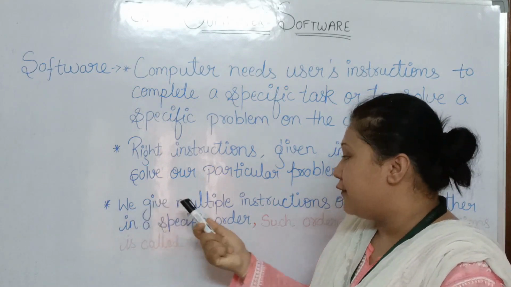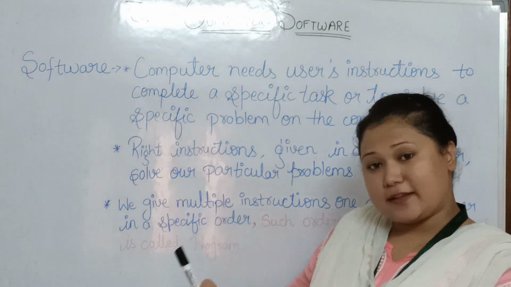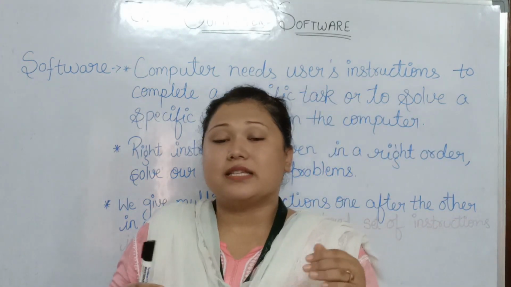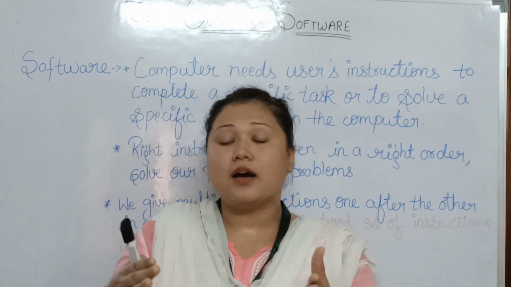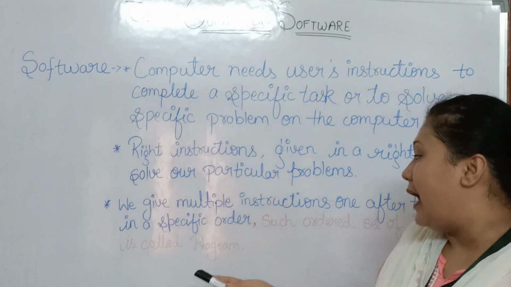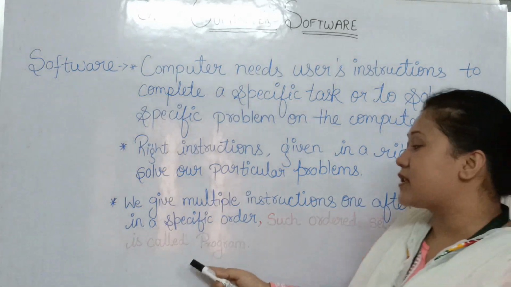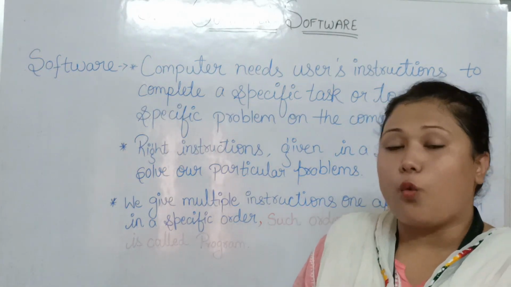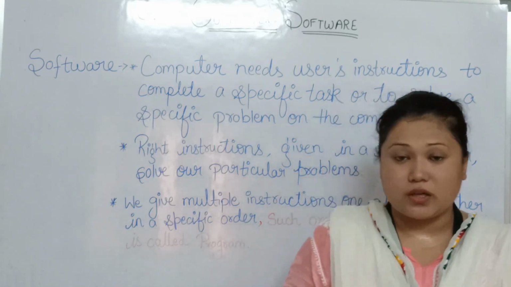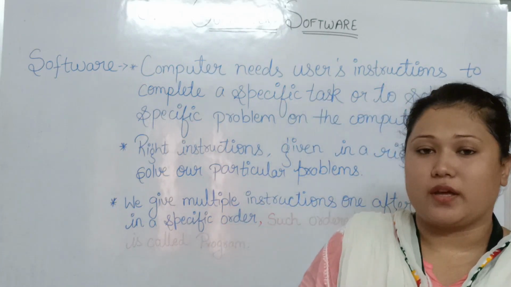Next, we give multiple instructions one after the other in a specific order. We give the computer specific instructions in a proper order, one by one, and such an ordered set of instructions is called a program. Whatever task we are solving in our computer in a proper order, that is called software.